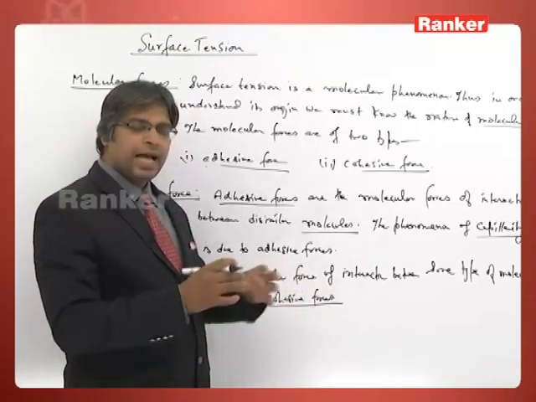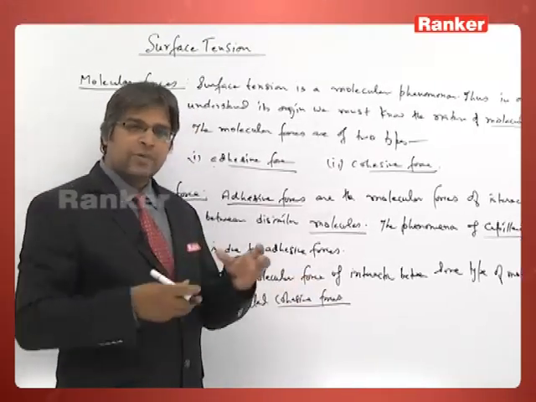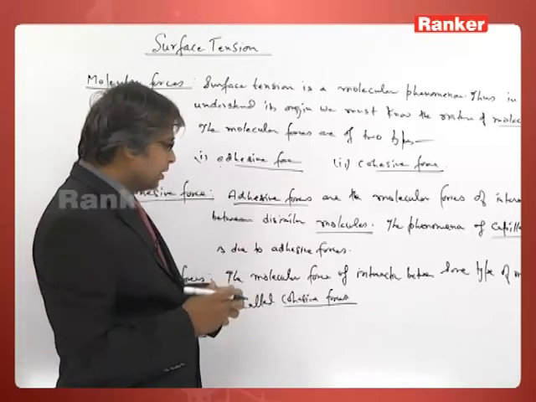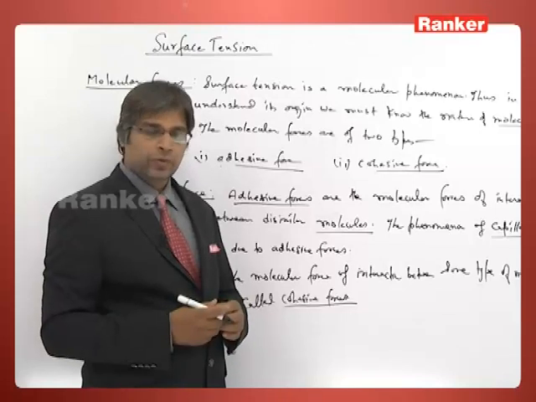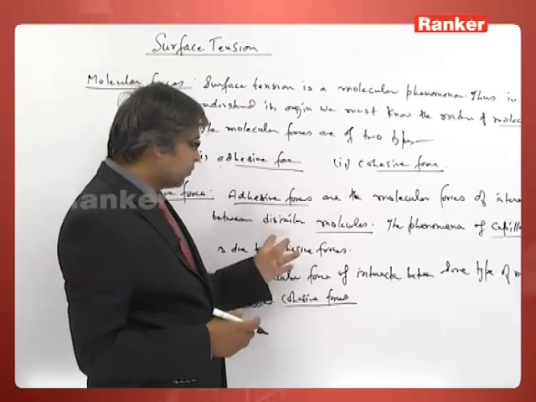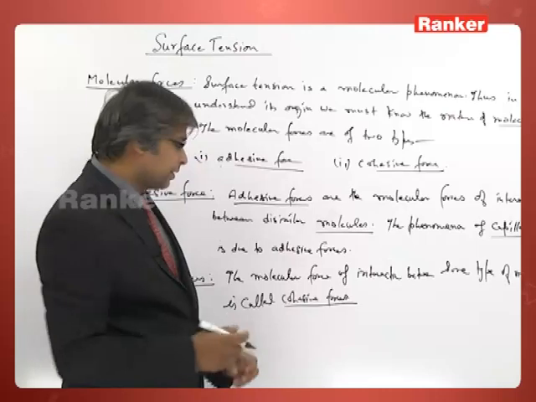If we have, suppose, water, then inside water there are only water molecules. So, the forces of interaction between the water molecules will be called cohesive forces. So, there are two types of force, adhesive and cohesive forces.